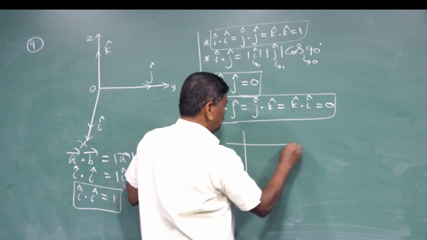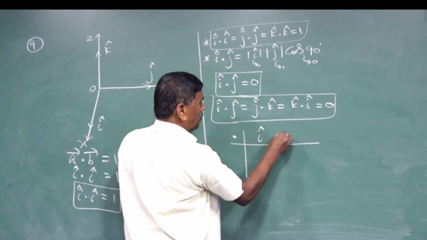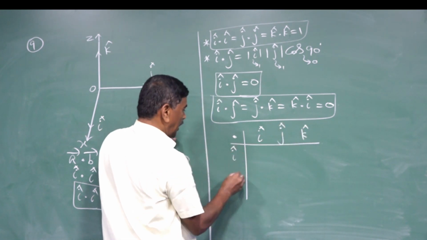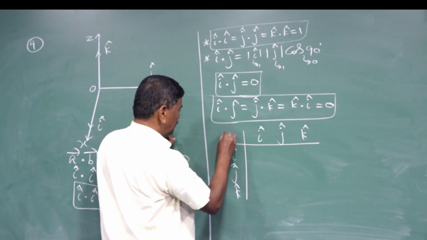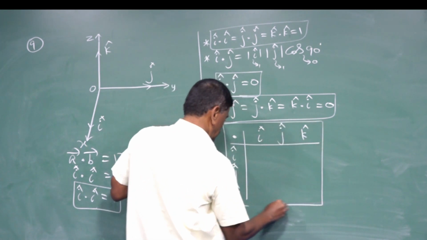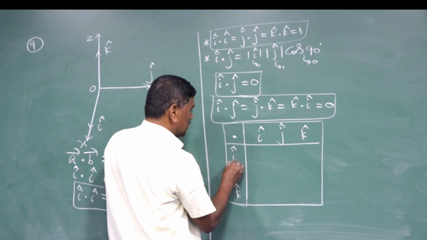Listen carefully. Here, dot product: i cap, j cap, k cap, and i cap, j cap, k cap. Okay, complete the table. Yes, let us complete the table. Draw the horizontal lines.